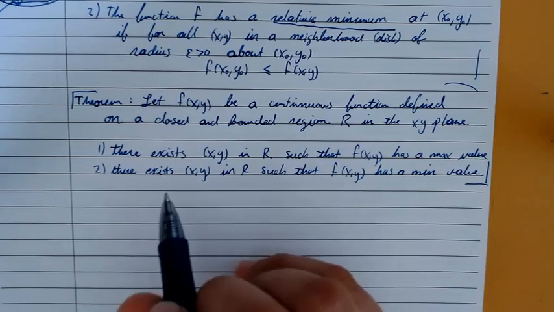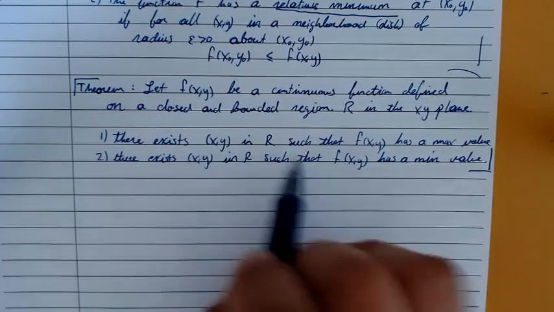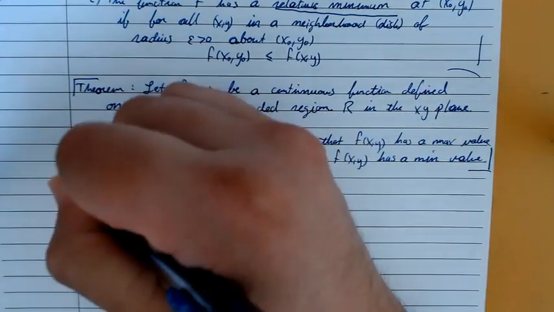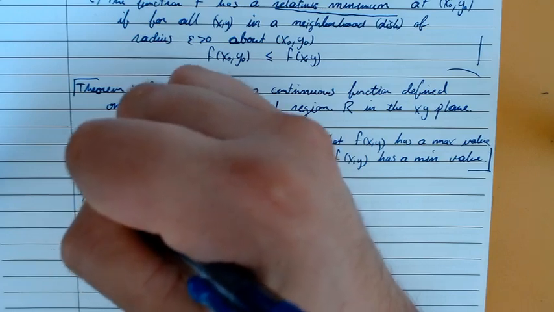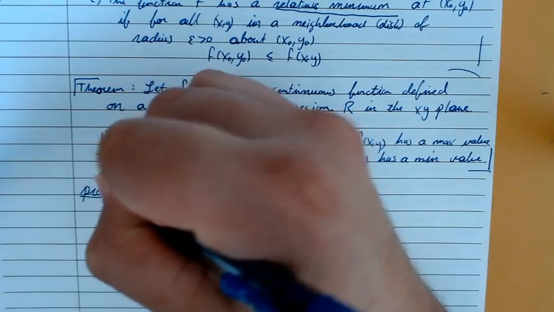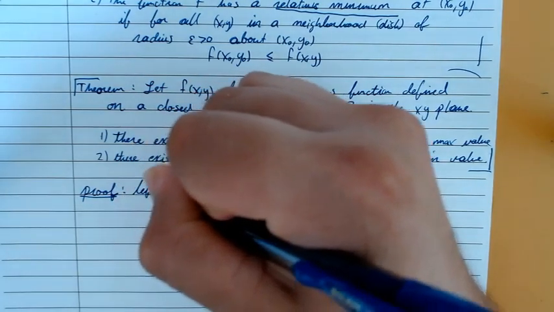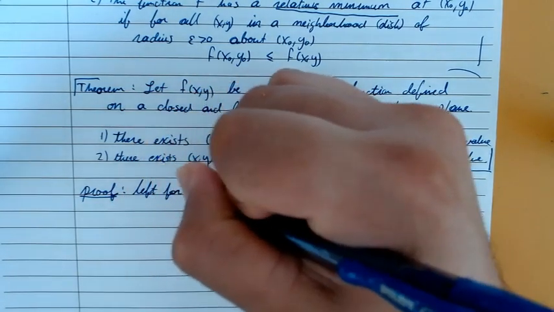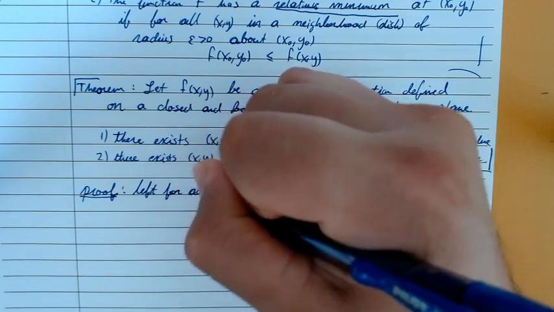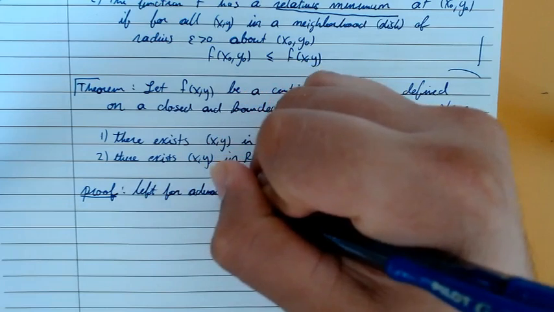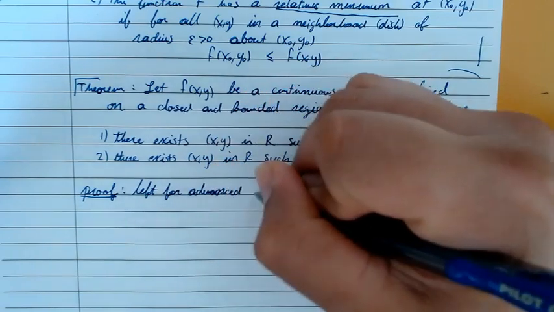Graduate level analysis would be appropriate. So we're just going to go ahead and take advantage of the result. The proof is left for more advanced courses. We're not at the level where we could do that.